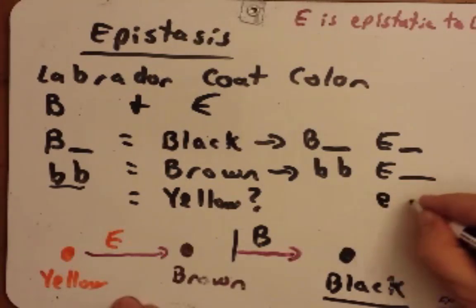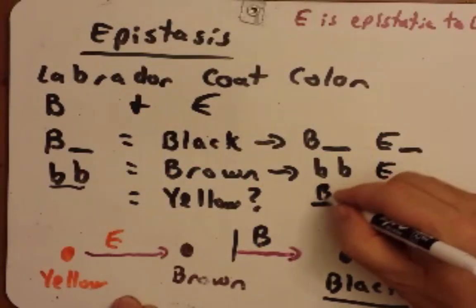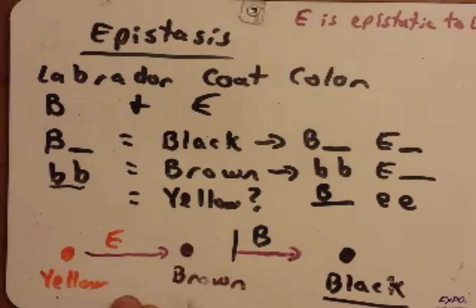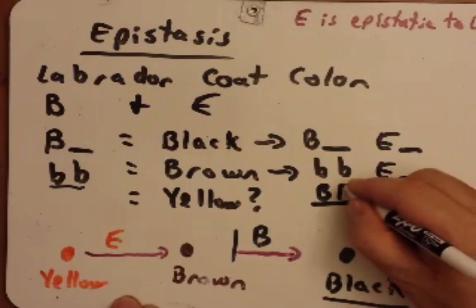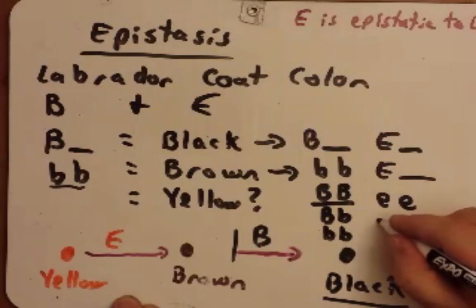To be yellow, you have to be little e. And it doesn't matter what you are at the big B. You could be big B, and you're going to be yellow, or the dog will be yellow. So big B, big B, big B, little b, little b, little b.